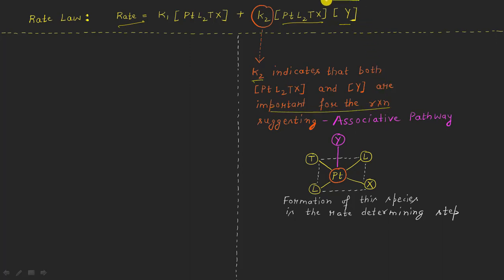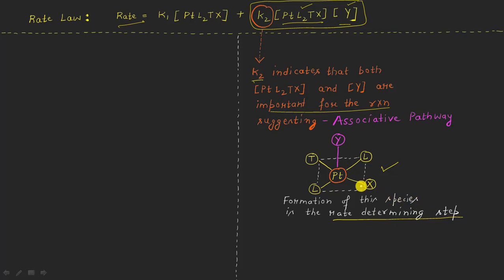From this term it is very clear that K2 depends upon the concentration of the starting complex as well as that of the entering nucleophile, clearly suggesting that this kind of species formation will be the rate determining step in this reaction.